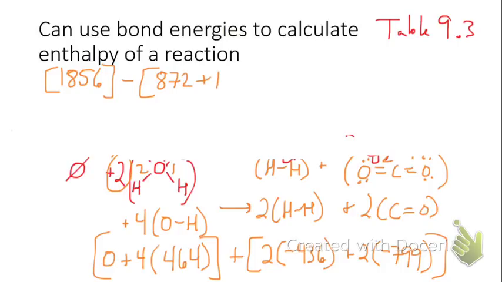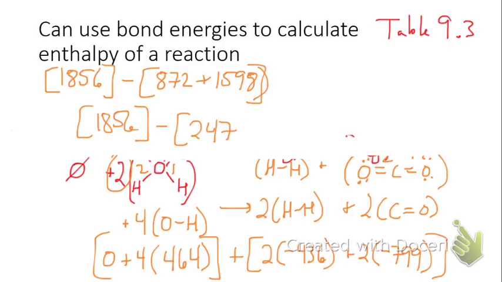plus 1598. So we have 1856 minus 2470. And that is going to equal negative 614 kilojoules per mole.